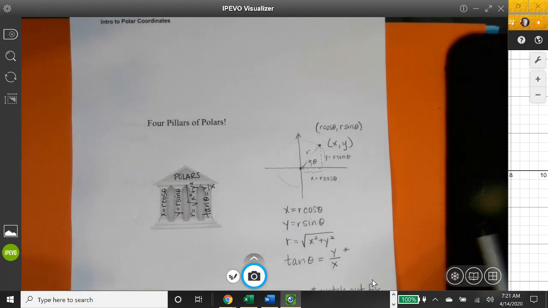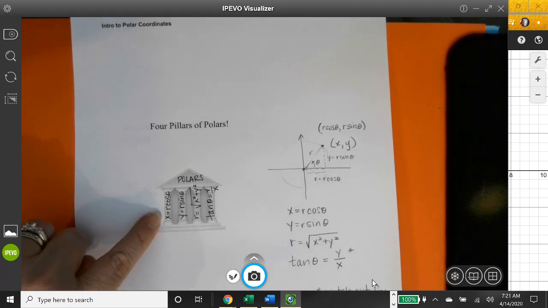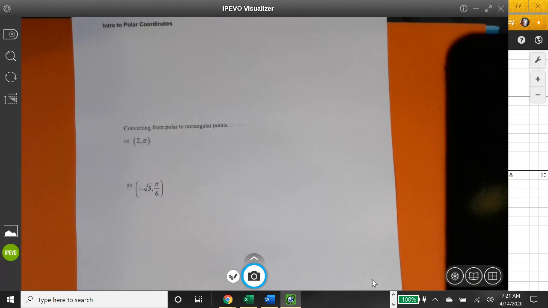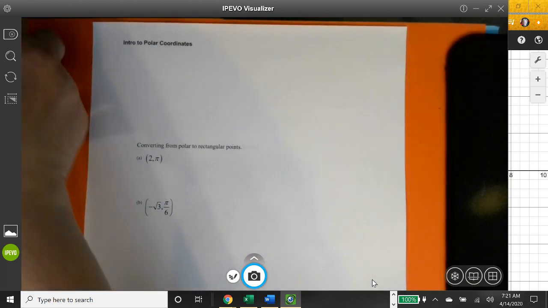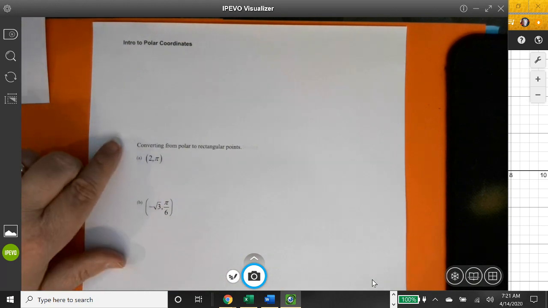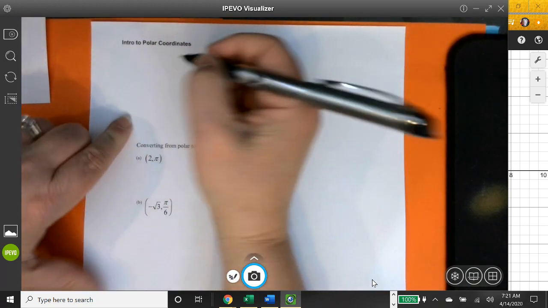x equals r cosine theta, y equals r sine theta, r equals the square root of x squared plus y squared, and tangent of theta equals y over x. All right, so we're going to keep this in our mind. Here we go. What are our four pillars of polars again?